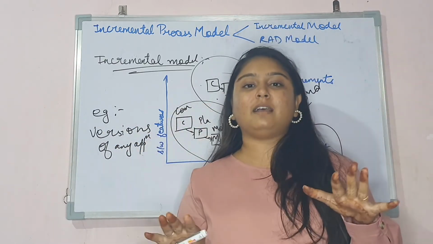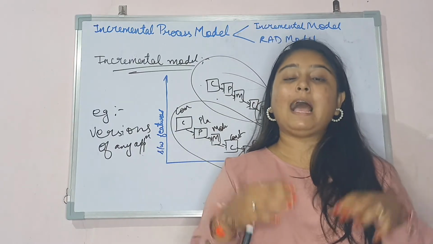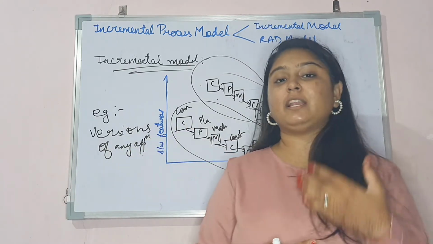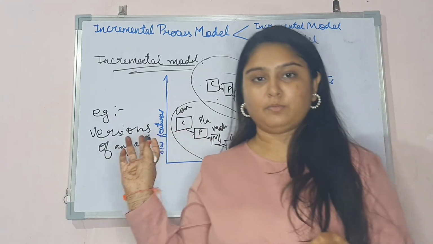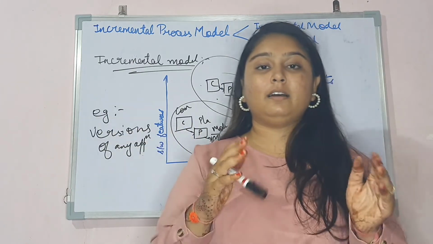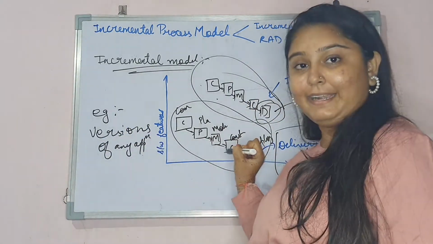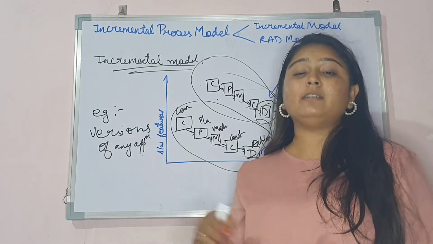Right now I am fine with something, I want something in my software, but it may change in the near future. Then I can go with the incremental process model, wherein I give some requirements through which my first increment is delivered, and after some time I want some changes.